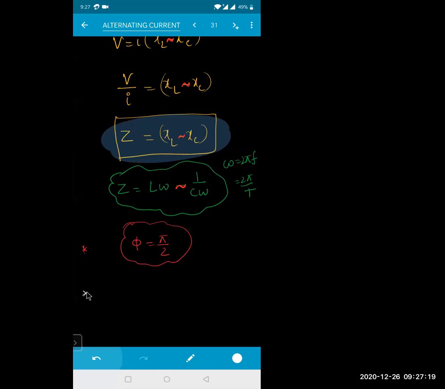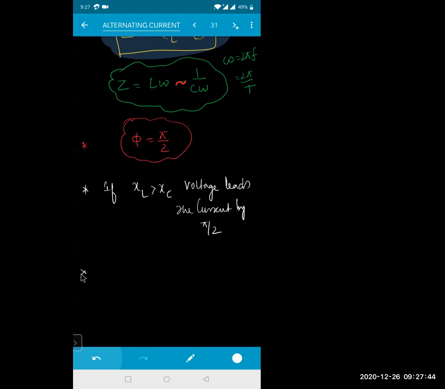Now, very important here. If XL is greater than XC, then the voltage leads the current by 90 degrees, pi by 2.